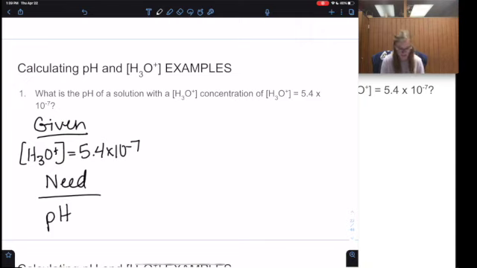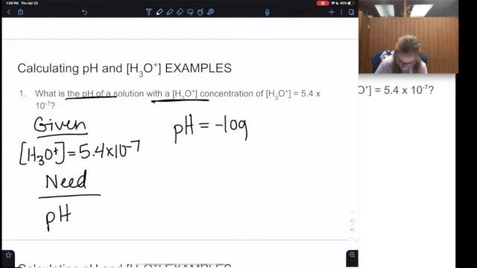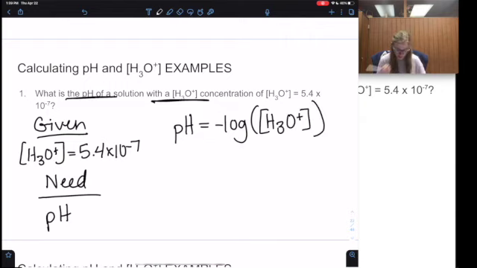So if I see that I'm thinking about pH here, and I have a concentration of H3O+, I can use the equation that says pH equals minus log of the concentration of H3O+. It looks like I have the variables that I'm looking for.